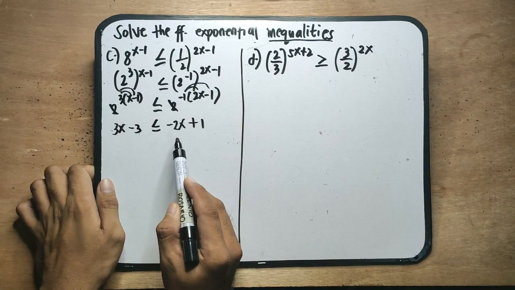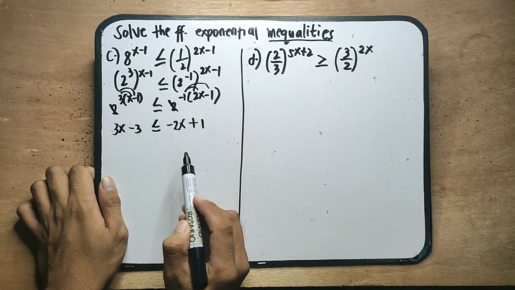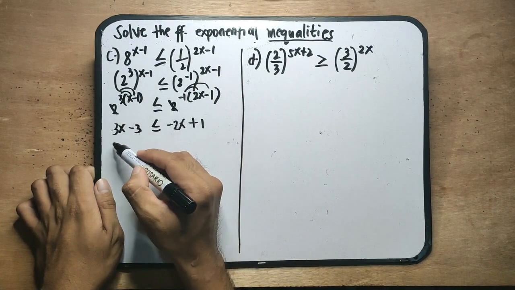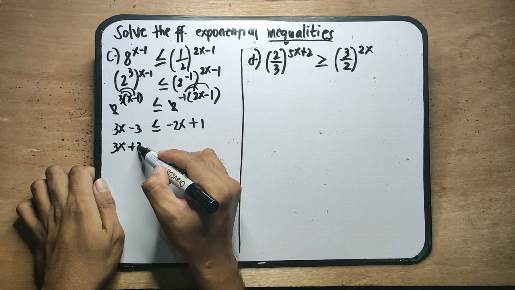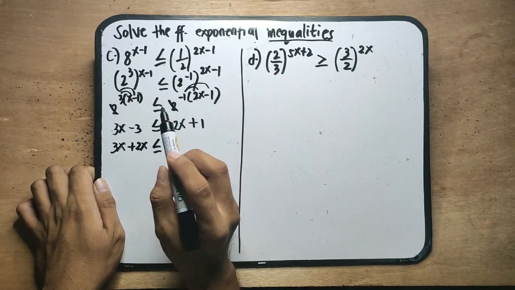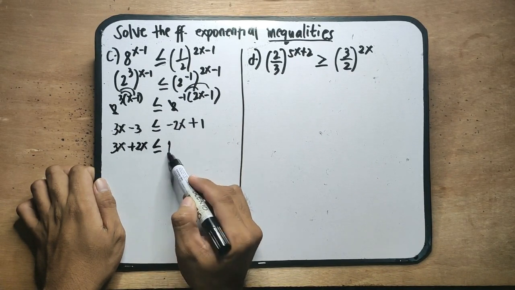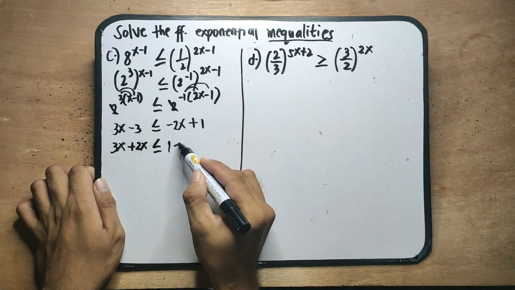We just transpose the term with x going to the left and the constant terms going to the right. So we bring down 3x. Transposing negative 2x, it will become positive 2x. Then we just copy this symbol. And then we bring down 1 and then we transpose negative 3, it will become positive 3.